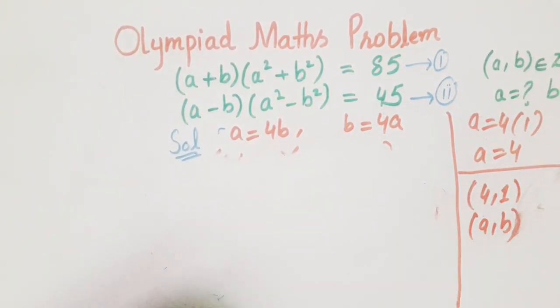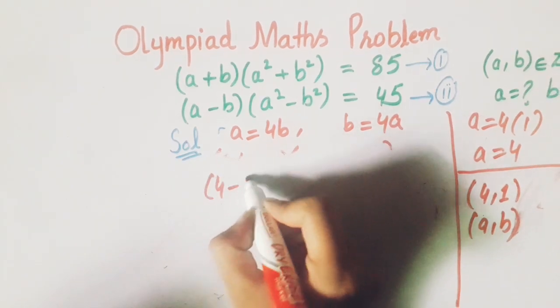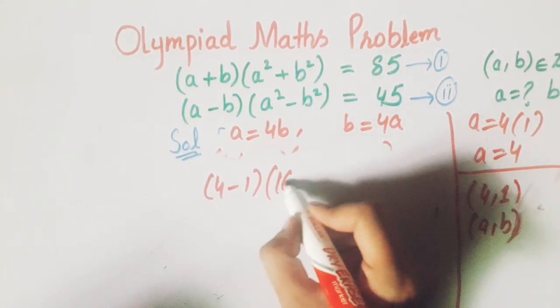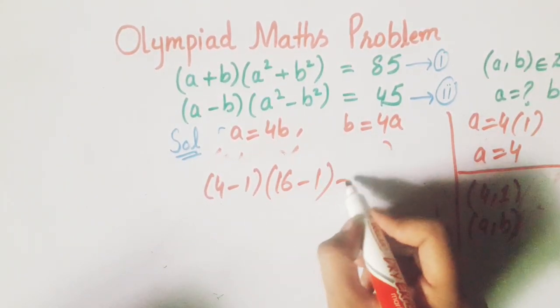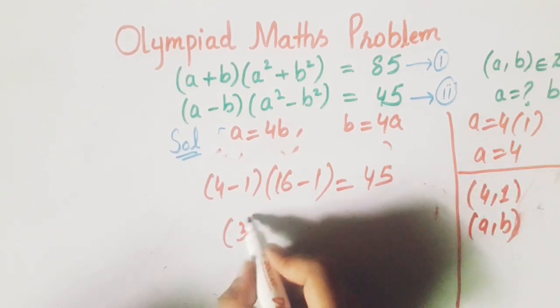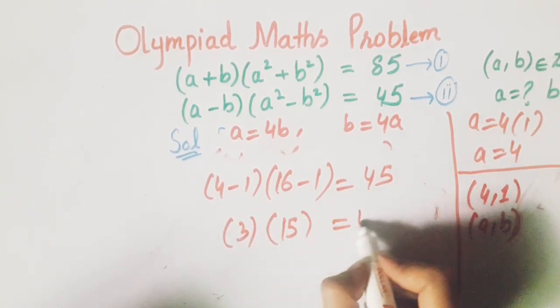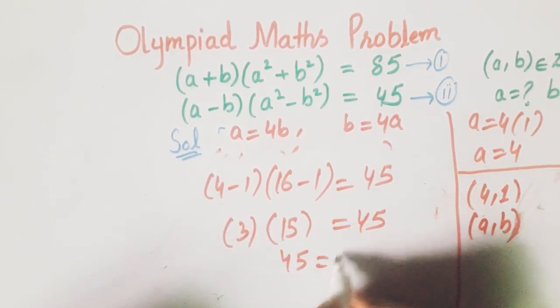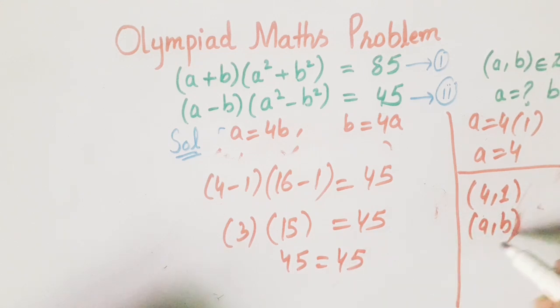So we can see that a minus b means 4 minus 1. A square means 16 minus b square is 15. So 3 into 15, that is 45. So 45 equals 45. It means we have found the ordered pair 4, 1 for a, b. This is the true value of a and b.